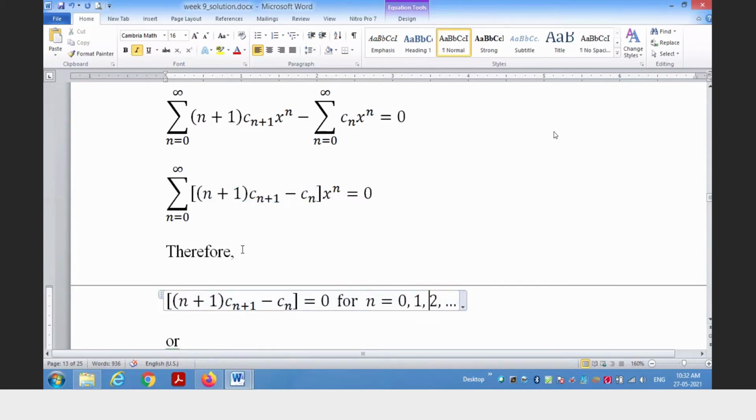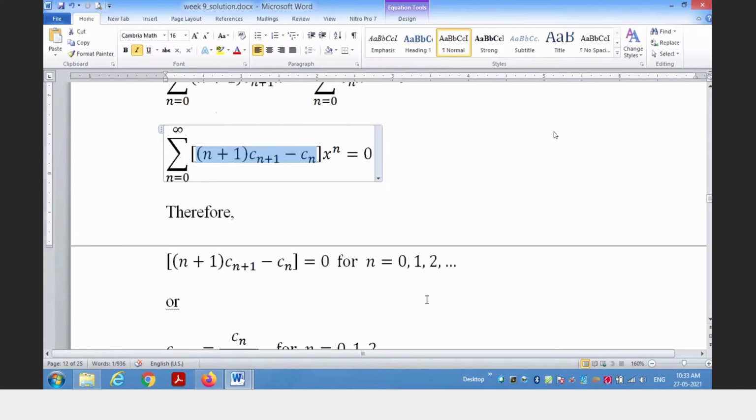Why n equal to 0? Because of this index: n starts with 0, and the index goes up to infinity. So the coefficient must be 0 for all n equal to 0, 1, 2, and so on.